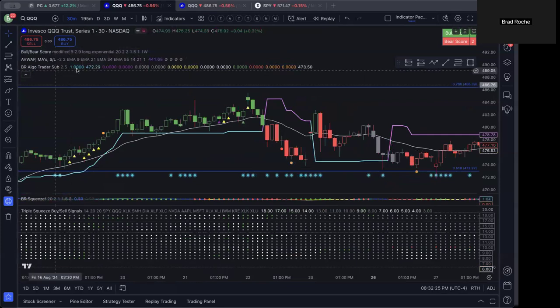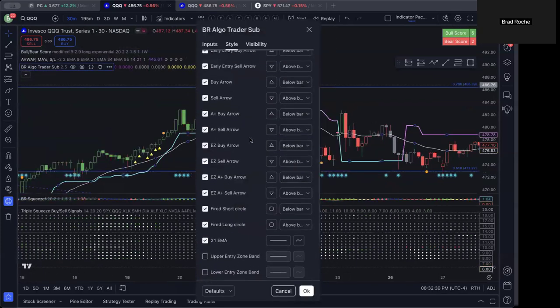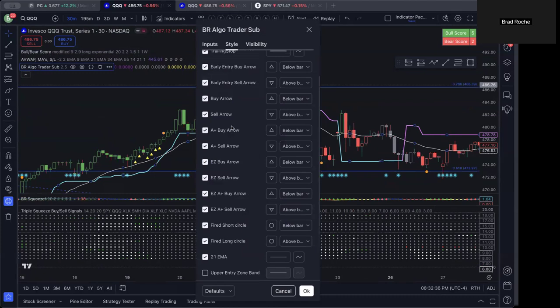So if you ever get confused, to make this really simple for you, the buy and sell signals here, the A plus buy and sell signals and the regular buy and sell signals here, all these are just high risk to reward entries.